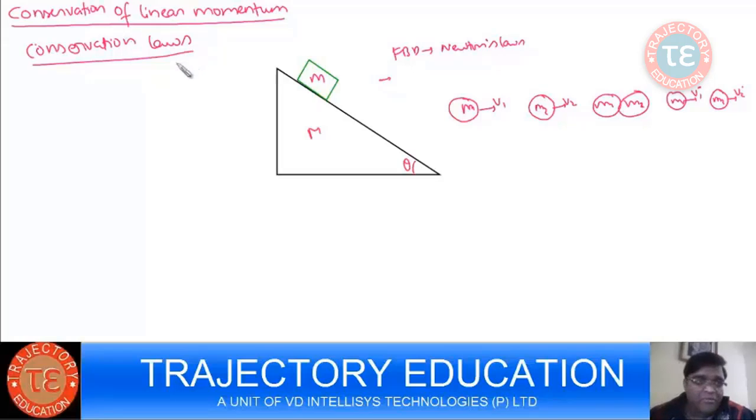So broadly, we have to study conservation of linear momentum, angular momentum, and energy. Conservation of angular momentum we will study in rotation. So in this chapter, I'll be discussing conservation of linear momentum and conservation of energy. But before I move into this, I must tell you that all of these conservation laws are ultimately derived from Newton's laws.